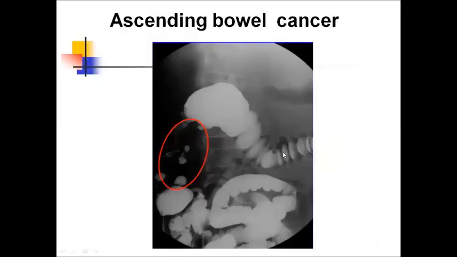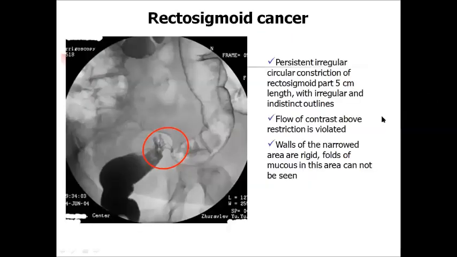Another example of colon cancer, affection of ascending bowel. Here you see that no contrast media, no barium sulfate is present in ascending colon, because the lumen of ascending colon is occupied by malignant tumor.